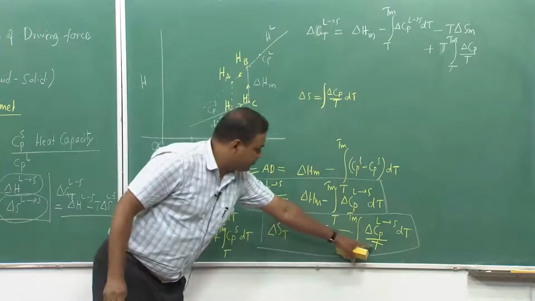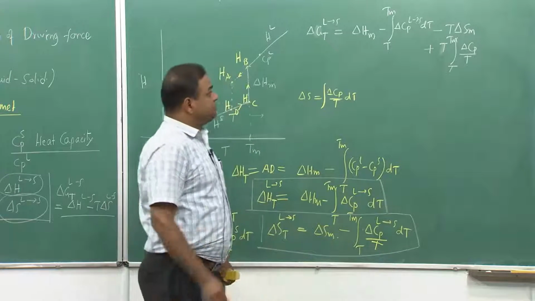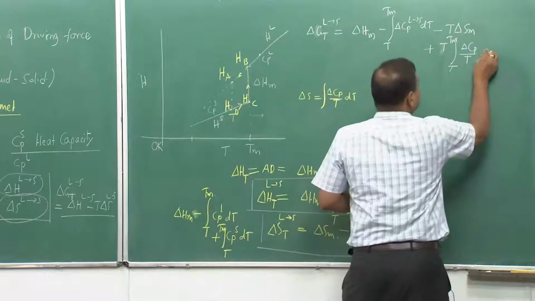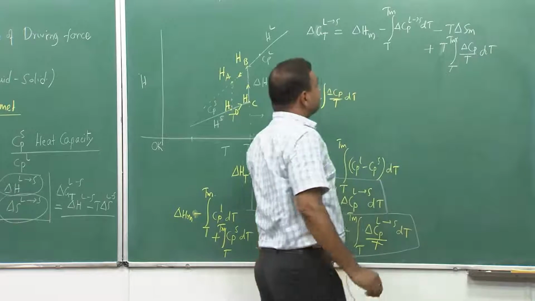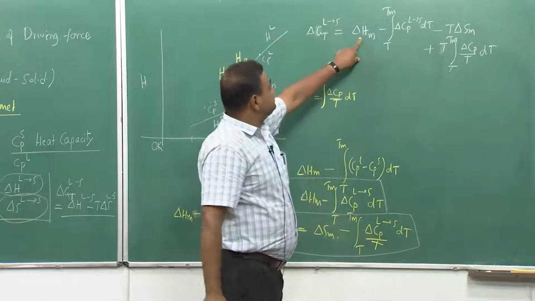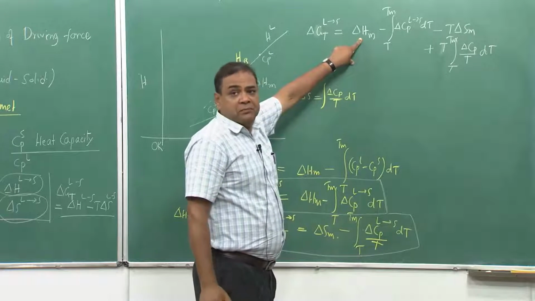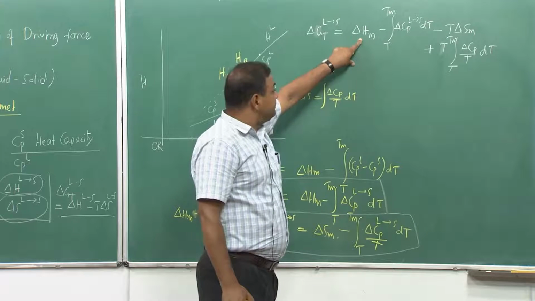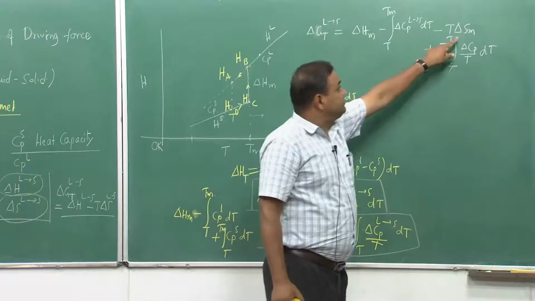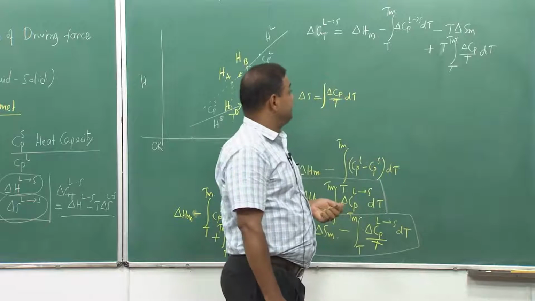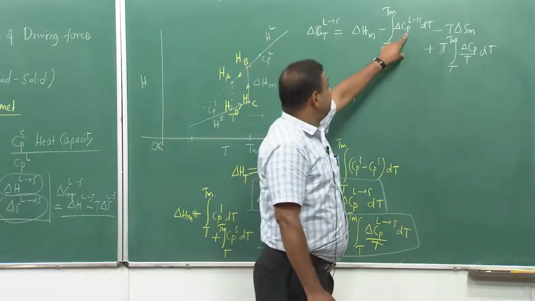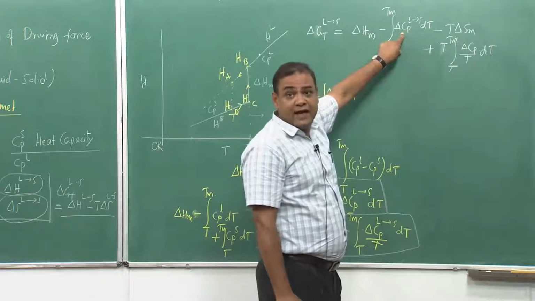I just forgot to put this temperature term. So this is this into dT. Since this is very easy to find out from experiment, which is the DSC, this is also easy to find out from DSC, but the difficulty is to find out this value.